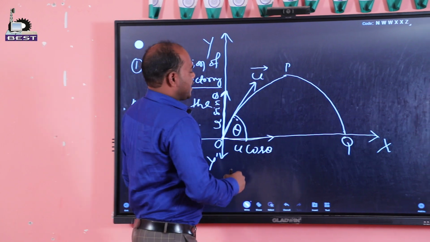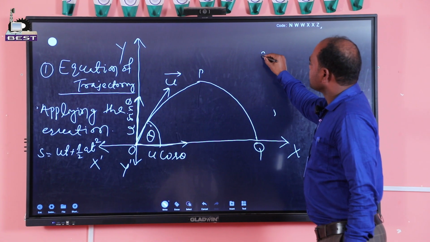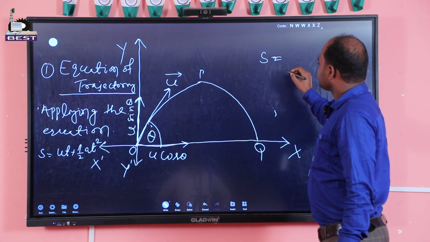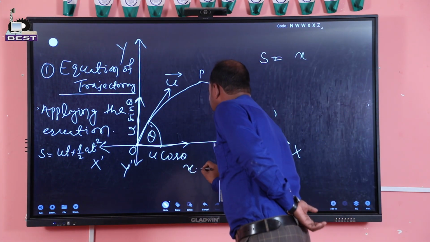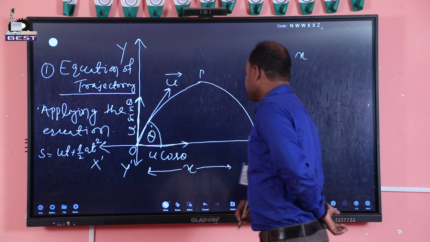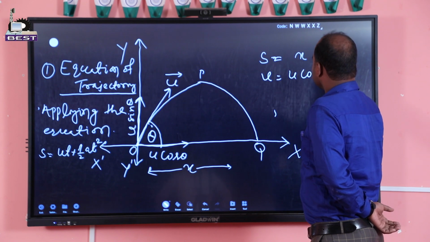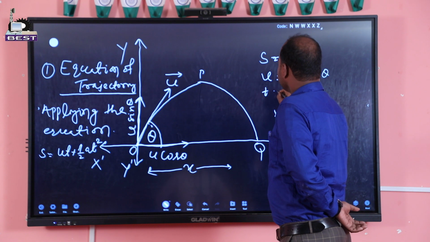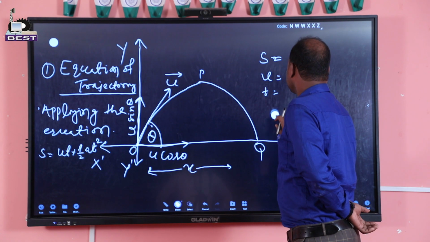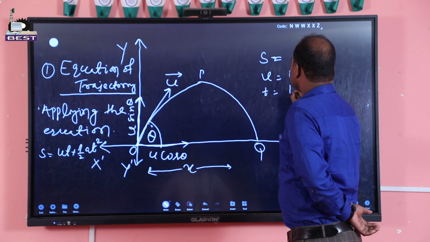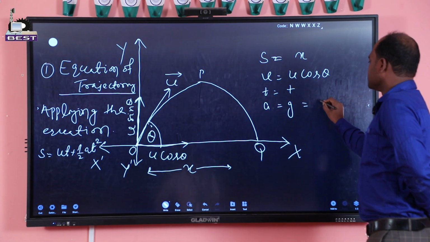Here, in the horizontal component, s equal to x, u equal to u cos theta, t equal to time t, and a equal to g equal to 0.